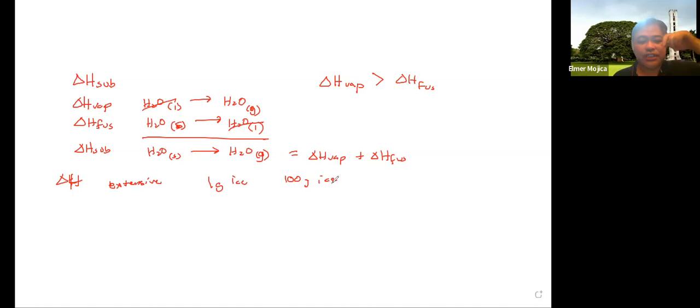Pareho ba yung amount ng energy ang i-apply natin para ma-melt siya? Usually hindi. Saan mas madami? Yung 100 grams.